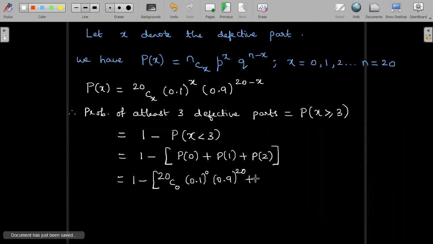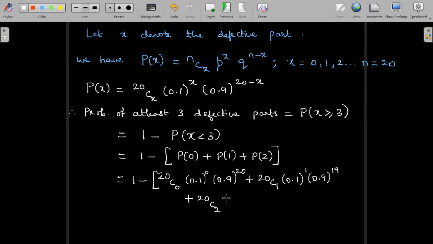The next term would be 20C1, 0.1 power 1, x equal to 1, and then 0.9 power 19. Similarly, the last term 20C2, 0.1 power 2 and then 0.9 power 18, 20 minus 2. On simplification this gives us 0.323.